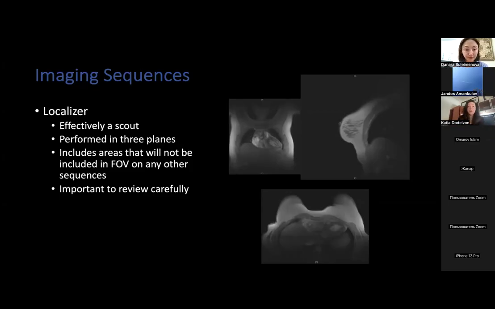And it will also include some areas of the upper abdomen that are not included in your field of view on any other sequences. But remember, as a radiologist, everything that's on the images, you are responsible for. So it is very important to review these images very carefully. And I look at them just for things outside of the breast.